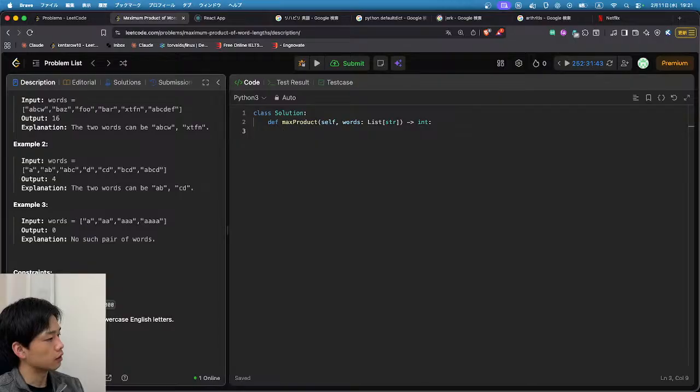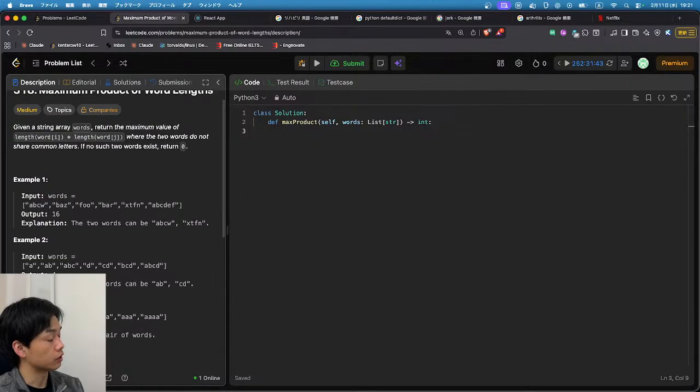There are 1000 words, so the number of combinations would be 1000 times 1000 divided by 2.